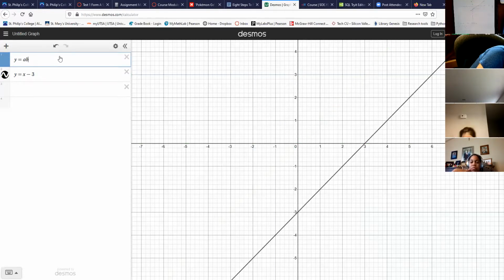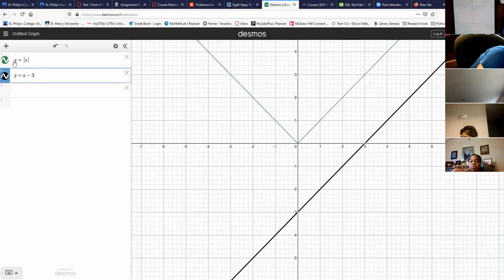Now let's use a symbol instead of being weird. So when you see these bars, that means the absolute value function. So what it does is any x you plug in, it automatically makes the output positive. So the green will always output values above the x-axis because it makes it positive.